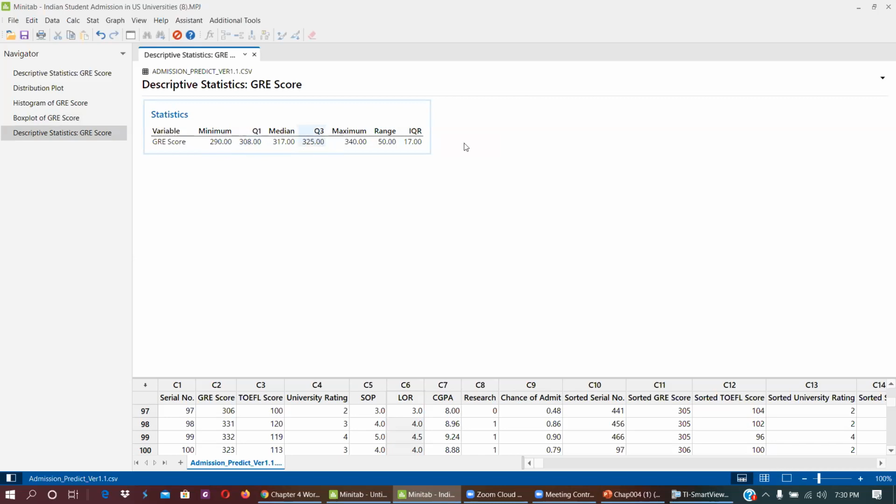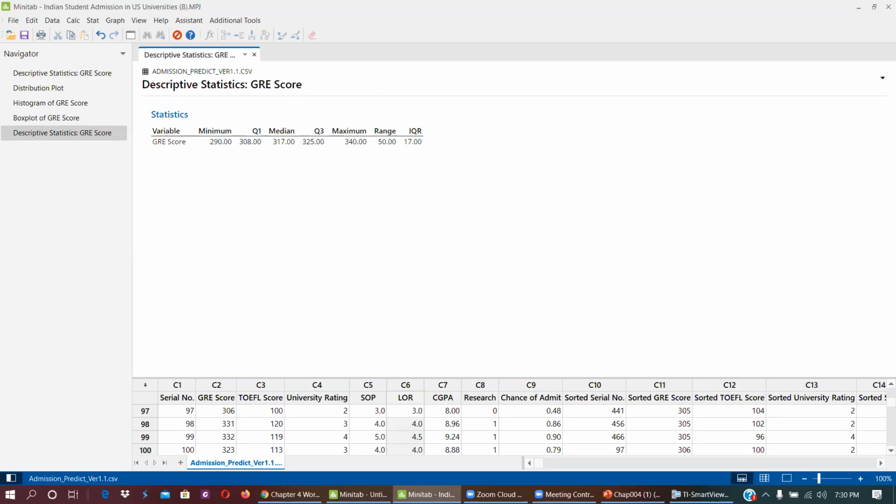The highest 25% data is between 325 and 340. The highest 75% data is from 308 to 340. So I asked questions related to this, where you have the highest 10% data, where you have the middle 50% of data. So you need to interpret these kinds of numbers.